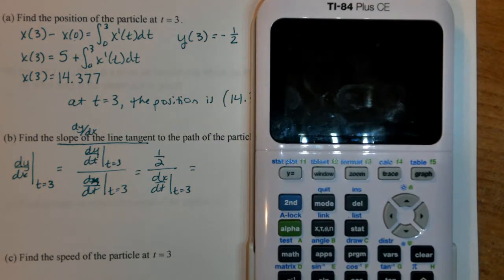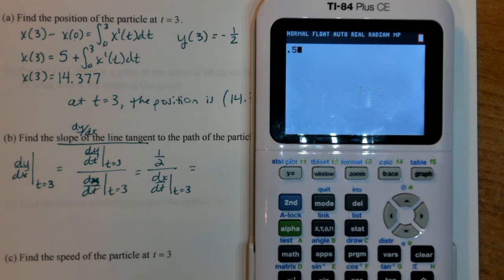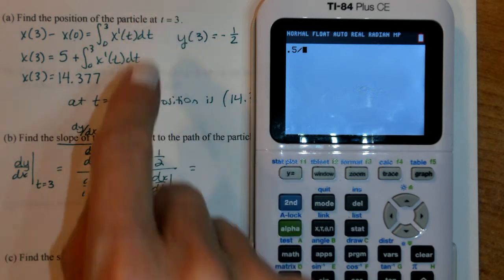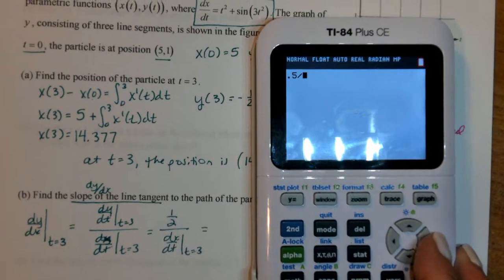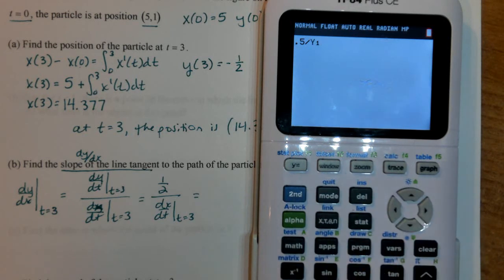So I've got 1/2 divided by dx/dt at time 3, and remember that dx/dt is what is in our y1. So it's going to be my y1 evaluated at time 3.